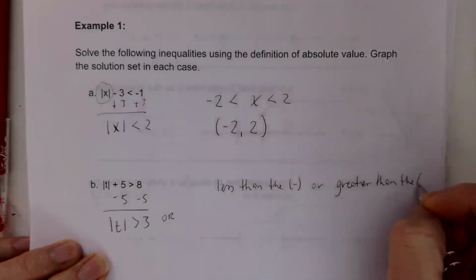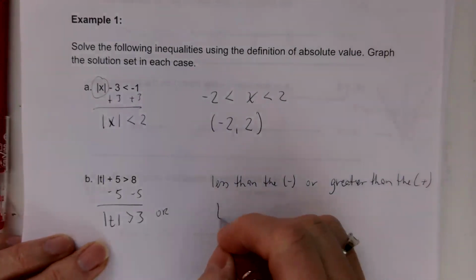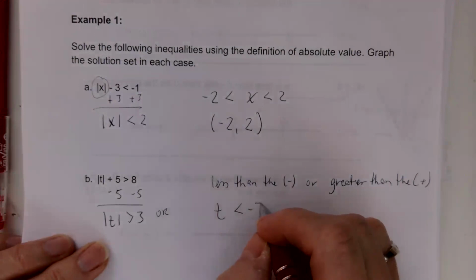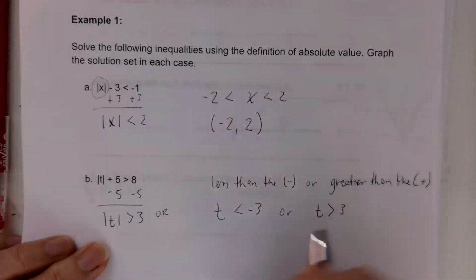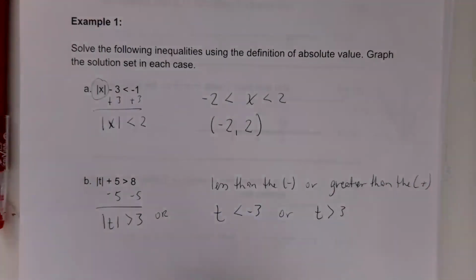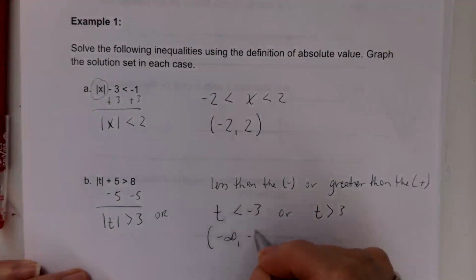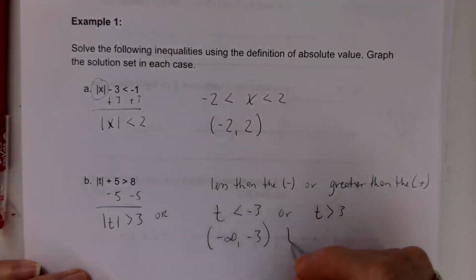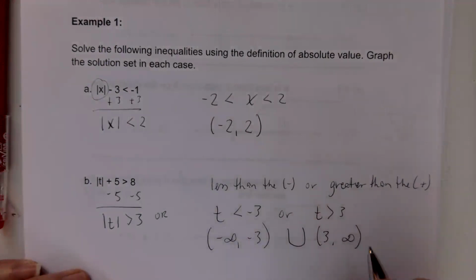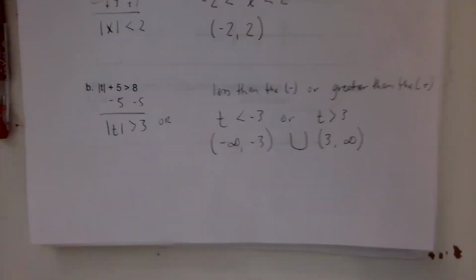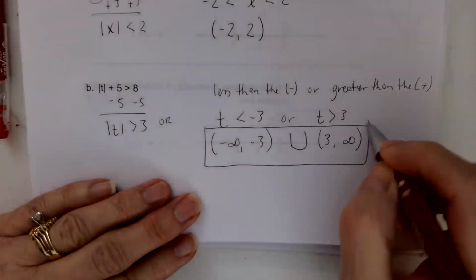So t is either less than the negative of 3 or t is greater than the positive of 3. That's negative infinity up to -3 parenthesis, union +3 to positive infinity. So it's less than the negative or greater than the positive.